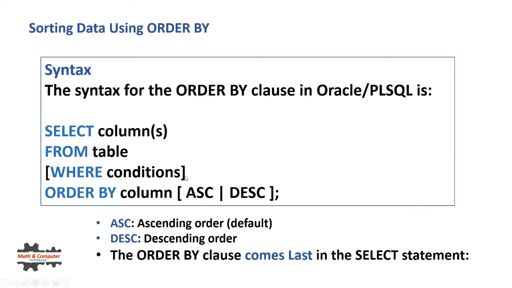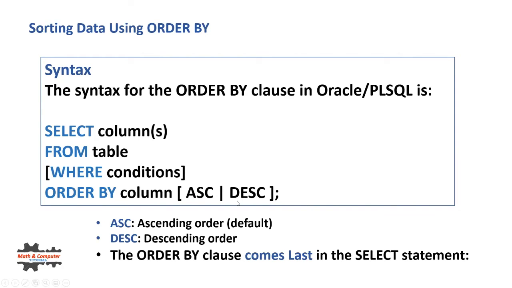This is optional, which means it can be omitted. You can add this WHERE statement if you want to restrict the data displayed based on the conditions that you specify. Then it is followed by the ORDER BY clause, where you type your column's name. It can be one or more columns.